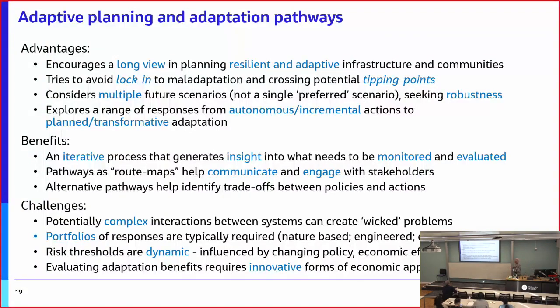We've established that adaptation pathways and adaptive planning encourages a long-term view in planning. It tries to avoid lock-in to situations that might be foreseeable, and it avoids the temptation of perhaps taking too short a perspective on adaptation in flood risk management.